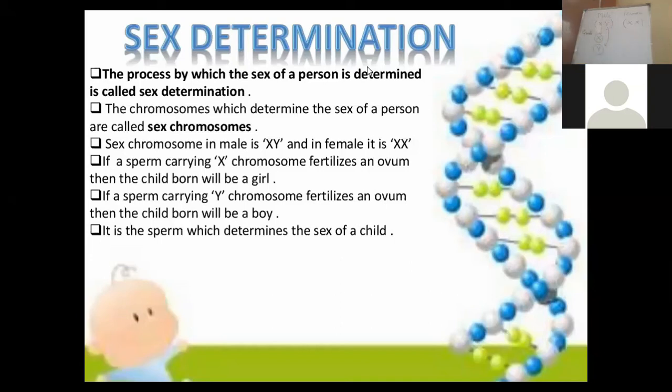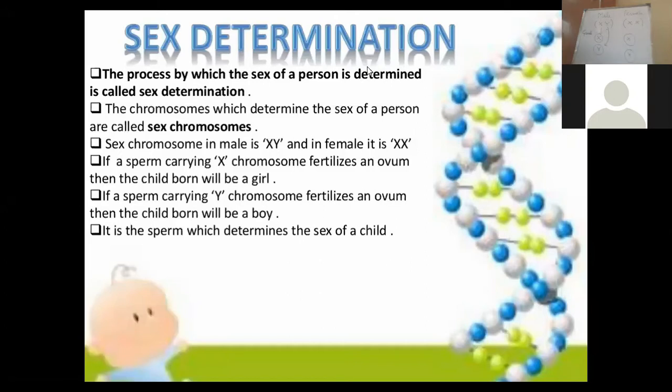It's a matter of chance which gamete is present for fertilization, because there is a 50% chance of X and 50% chance of Y in the gamete. But for the female, the chance is only X and X. Why? Because females are homomorphic.